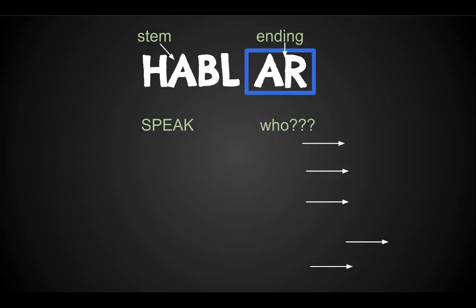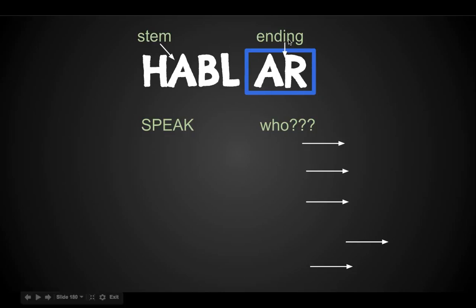Let's take a closer look. No need to write this part down yet. This is just an explanation. You have your stem of a verb. The stem tells you the meaning, that this means speak. Well, we don't know who is speaking at this point because we have our AR ending.